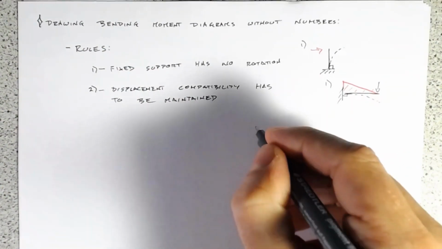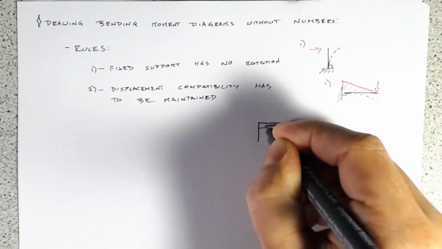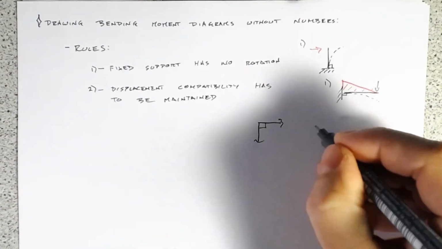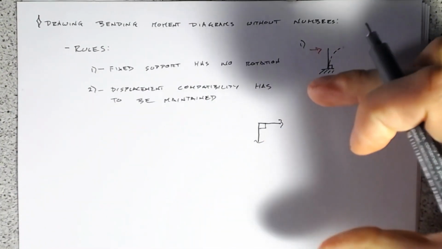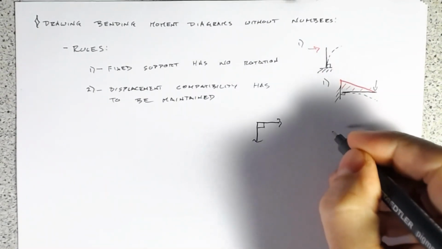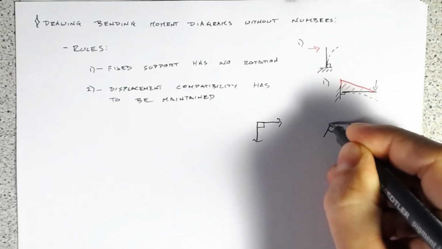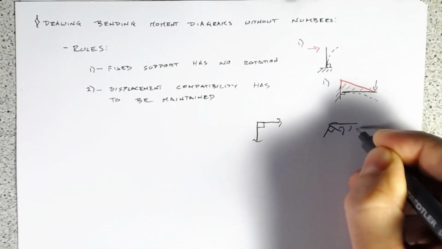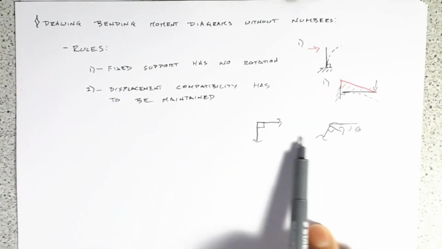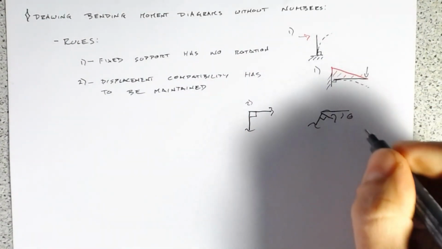With rule 2, say we have a corner, and that corner is at 90 degrees. If we rotate this corner around, say we rotate it down by some angle theta, that corner has to stay at 90 degrees between the two members. So we'll call this our little 2.